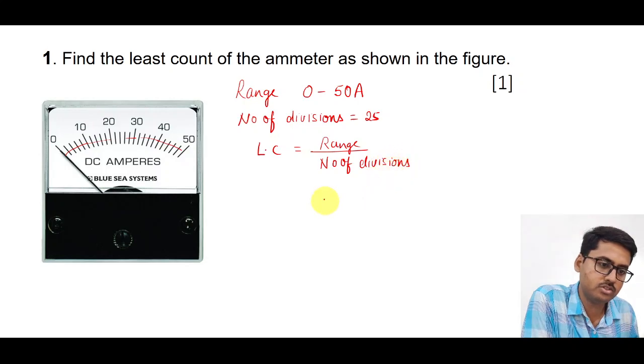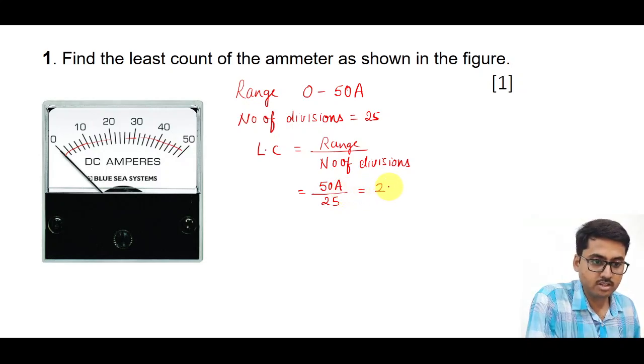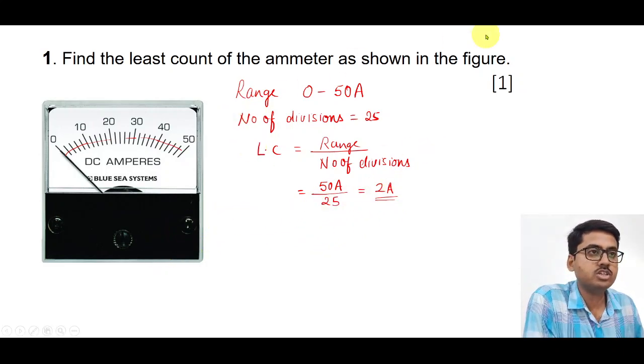Here the maximum value is 50 ampere and the number of divisions is 25, which means that 50 ampere is divided into 25 equal parts, and that is why each division measures 2 ampere.